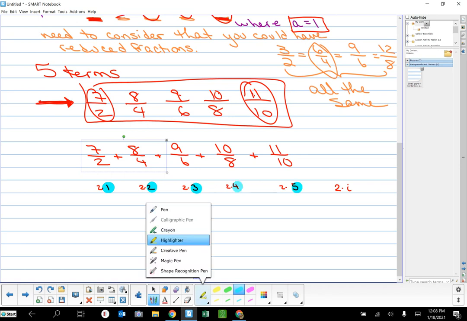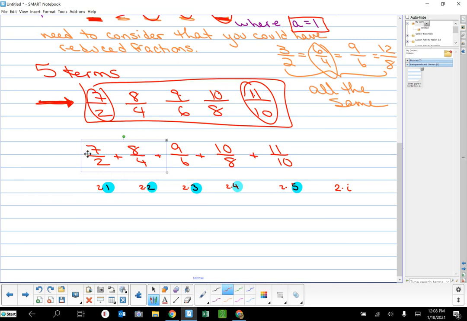Okay, so now let's see what we can do at the top. So I need a 1, 2, 3, 4, 5 in the top also, right? I'm going to change my pen. So I need a 1, 2, 3, 4, and a 5. So my question is, how are we going to get a 7 from a 1? I can't multiply because 7 times 2 is not going to work.